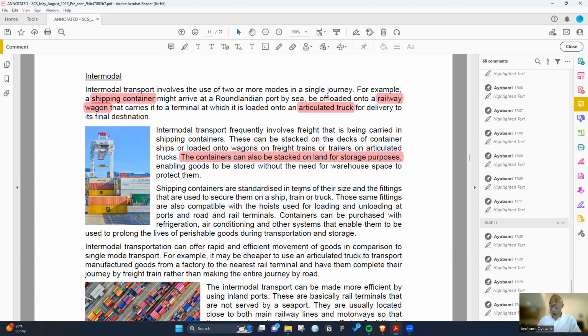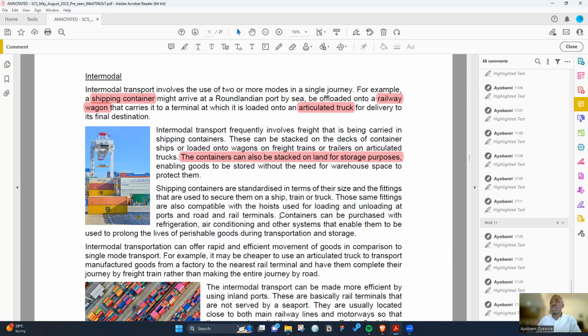Shipping containers are standardized in terms of their size and the fittings that are used to secure them on a ship, train, or truck. Those same fittings are also compatible with the hoists used for loading and unloading at ports and road and rail terminals. Containers can be purchased with refrigeration. Can you see now?